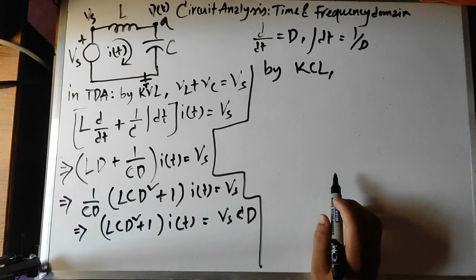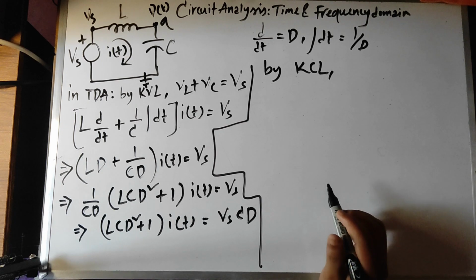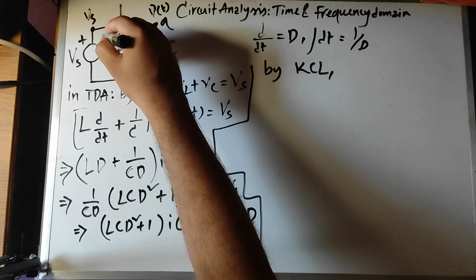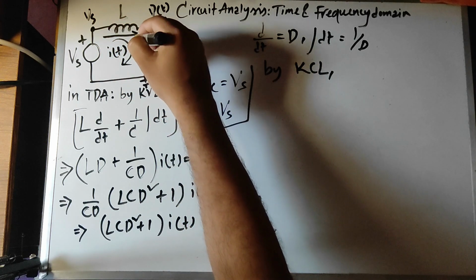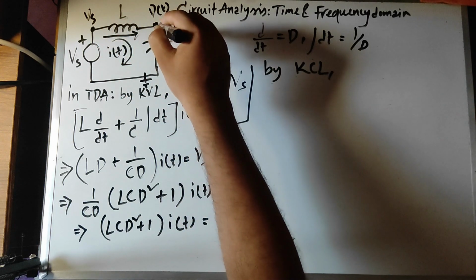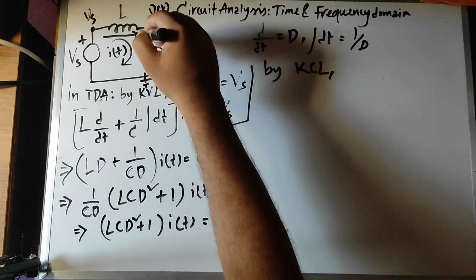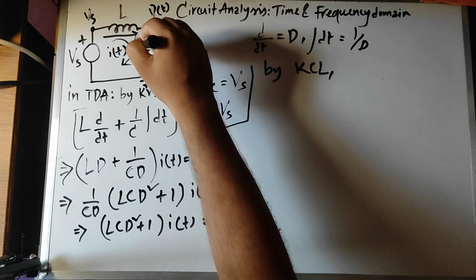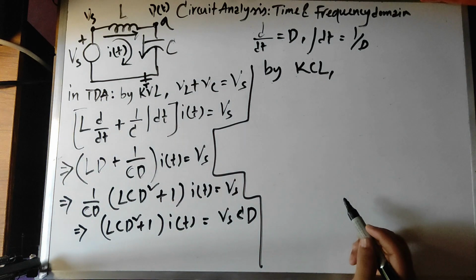Say the current is coming through this to the node, and here the current is going away from the node.